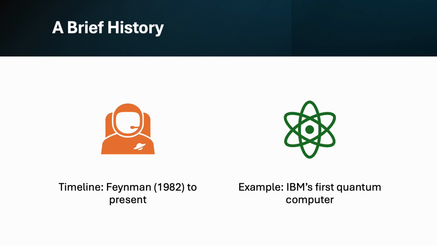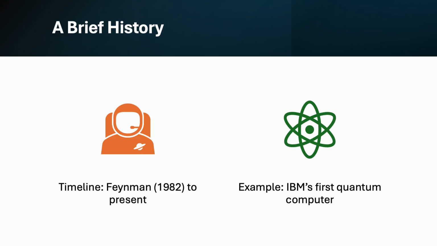The most famous was Shor's algorithm in 1994, which showed that a quantum computer could break the encryption codes that protect our online banking and secret messages much faster than any regular computer. This got governments and tech companies really interested because it meant quantum computers could be both incredibly useful and potentially dangerous if they fell into the wrong hands.